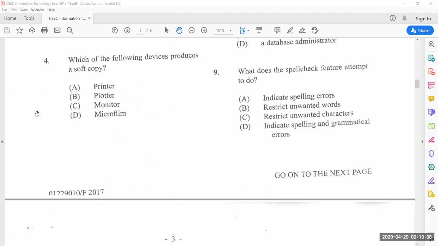So this is a question that has 2 answers, which could seemingly be correct, right? But the most appropriate one will be spelling errors. All right, let's move on for now.